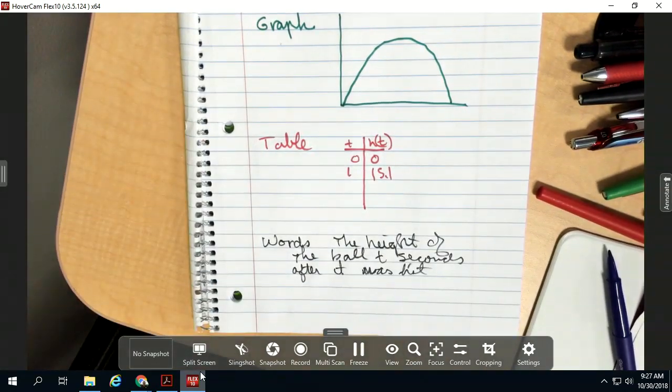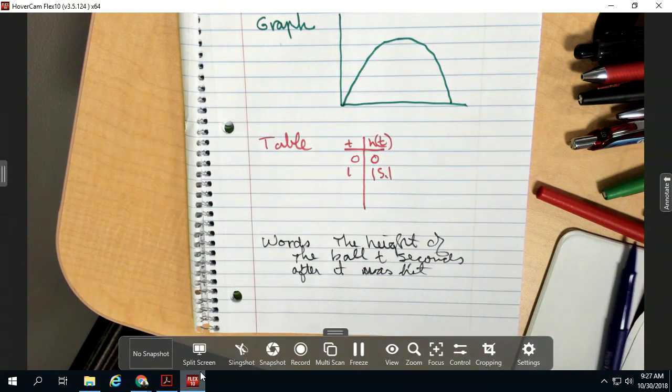Those are the four representations. The test has a question on this one.